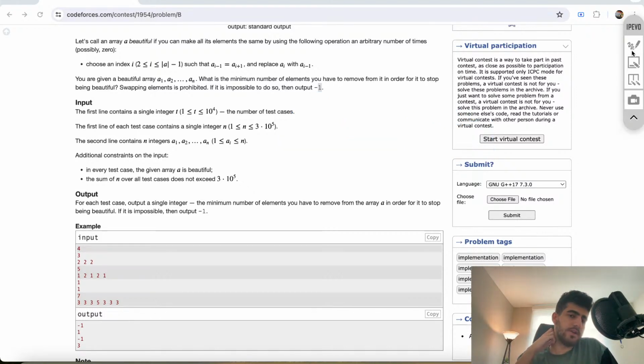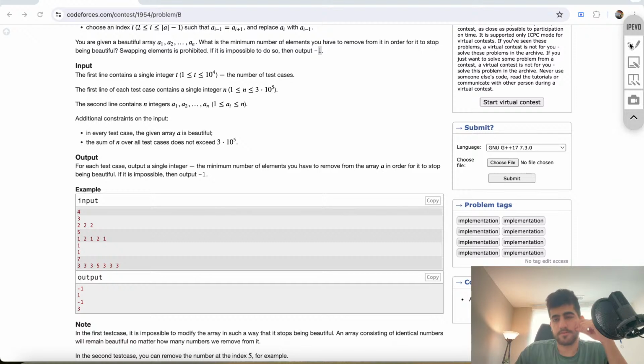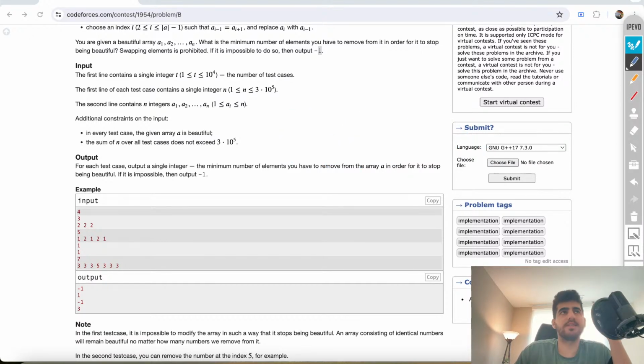Now, when we want to find out how we find the minimum number of elements that we remove, well, the first thing that I think of is what should happen so that the array is not beautiful anymore. Okay, that's the first thing that comes to my mind.